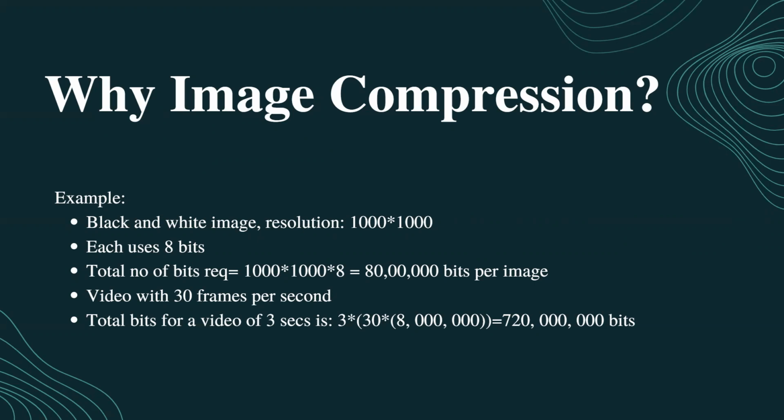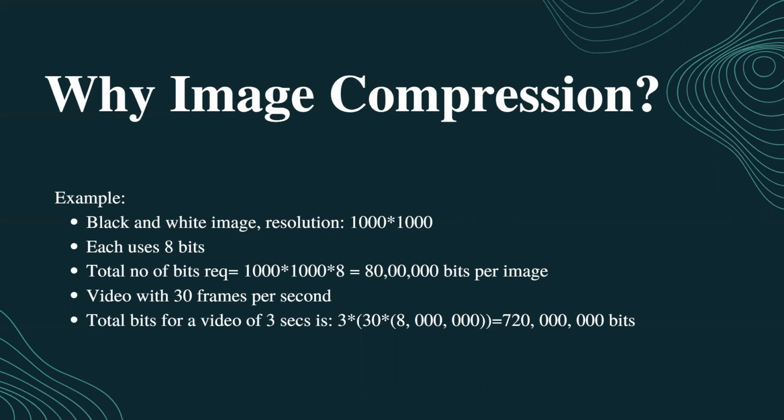And consider if it is a video with 30 frames per second of the above mentioned type images, then the total bits will be 72 crores. As we see, just to store a 3-second video, we need so many bits, which is very huge. So we need a way to have proper presentation as well as to store the information about the image in a minimum number of bits without losing the character of the image. Thus, image compression plays an important role.